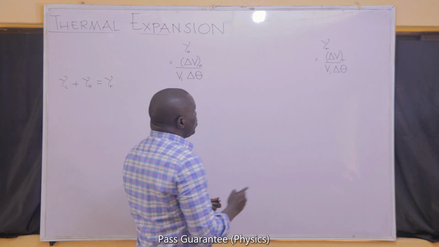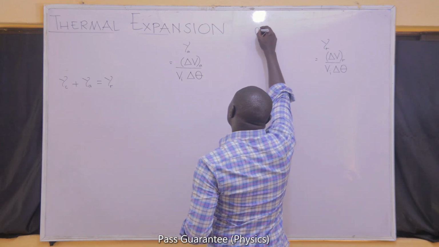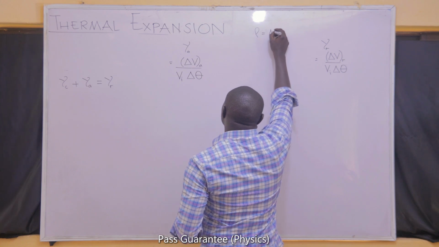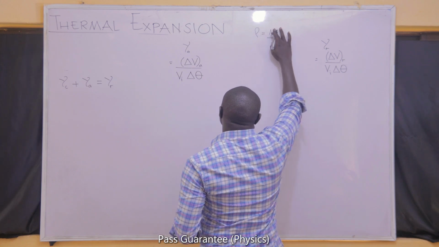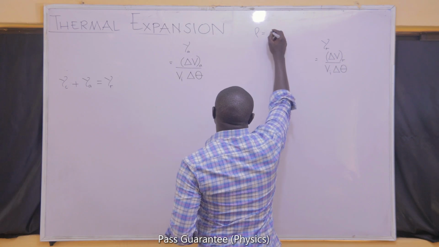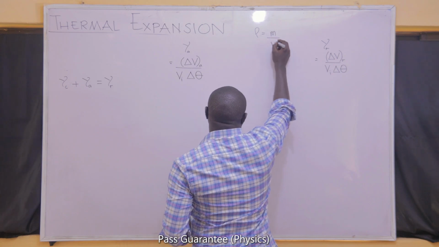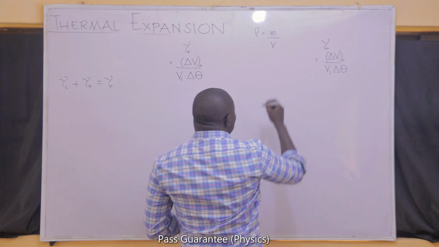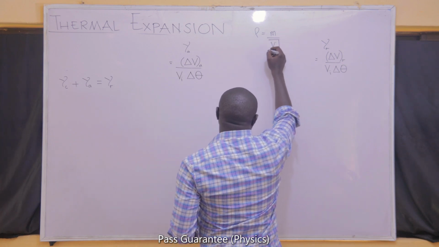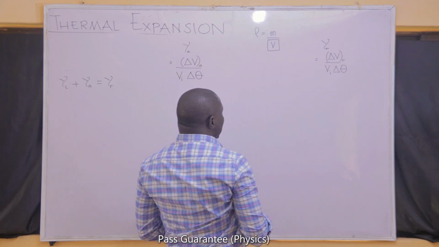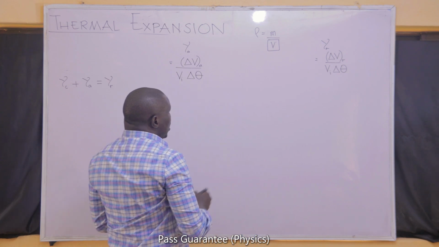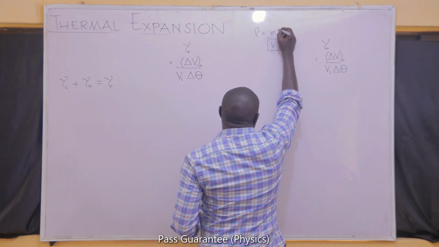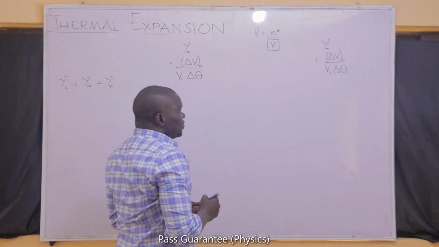So if we look at the formula from the class on density that we have had, we said that the density of a substance is the mass of that substance divided by the volume. So if I heat a substance, I have already established that the volume will change due to expansion. The mass can never be affected by heat.